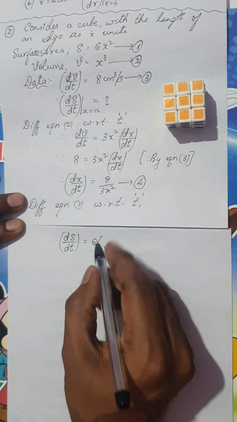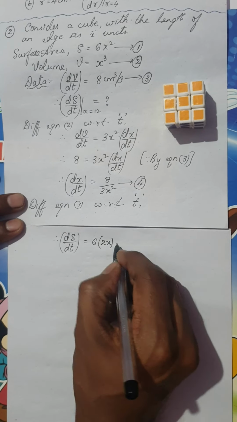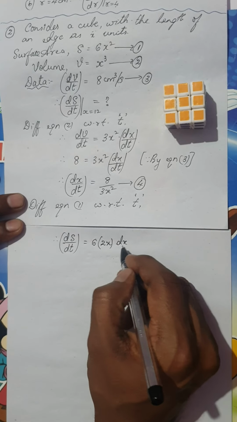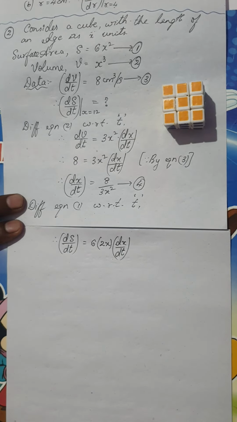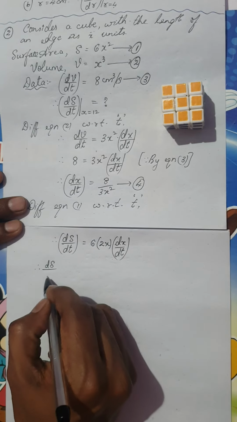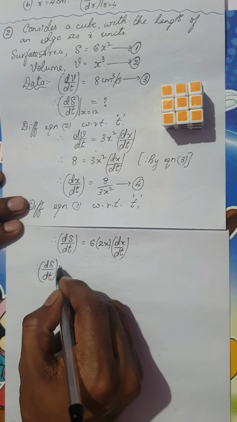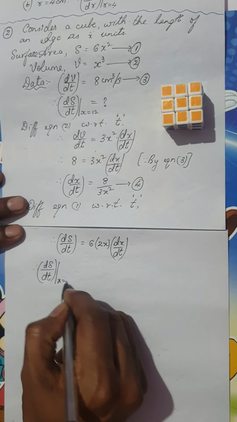Now, what is the derivative of x square? The derivative of x square is 2x into, remember, x is again a function of t. So, it is dx by dt. So, I have got this equation. Remember what I have to find out? I want to find out dS by dt at x is equal to 12.